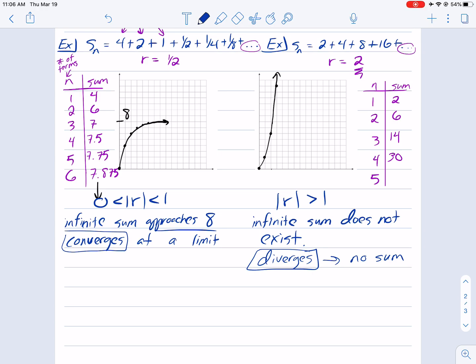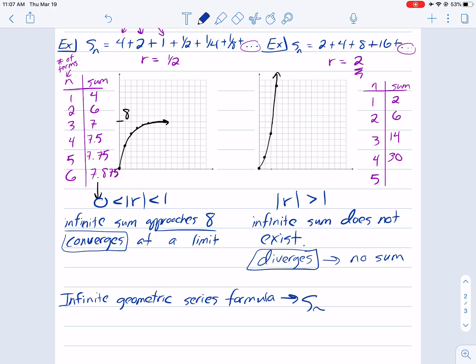And instead of plugging this into summation notation, we're going to use the infinite geometric series formula to find these sums. Okay, and the formula is just going to look like this.